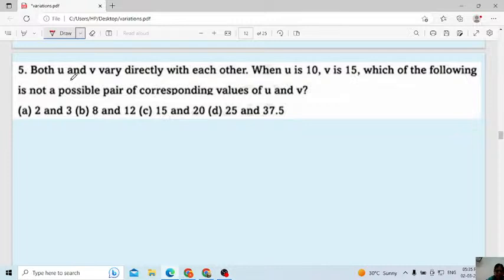Already they are given, both U and V are directly proportional with each other. U is 10, V is 15. Which of the following is not a possible pair of corresponding values of U and V? Tell me what is the correct answer. I need the correct answer.